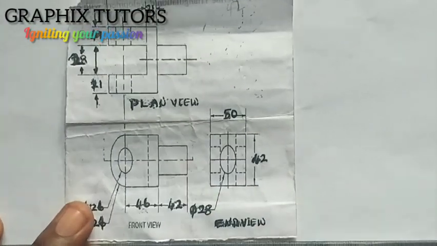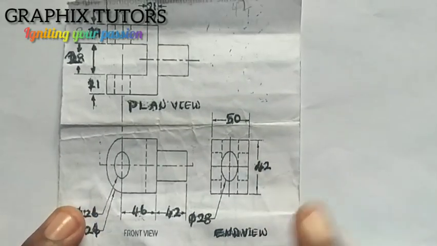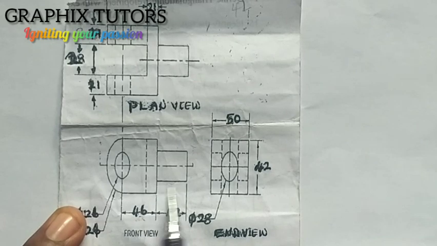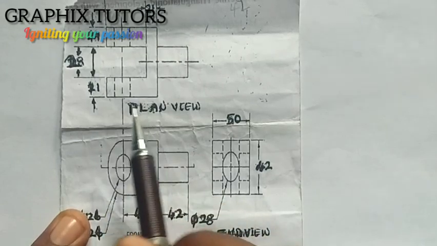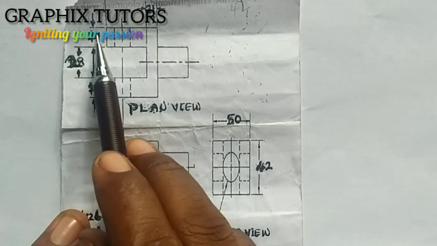I have this in third angle projection, where this is my plan, this is my front view, and this is my end view. Now if you've come across this question before, you discover that here was actually 28, here was 21.